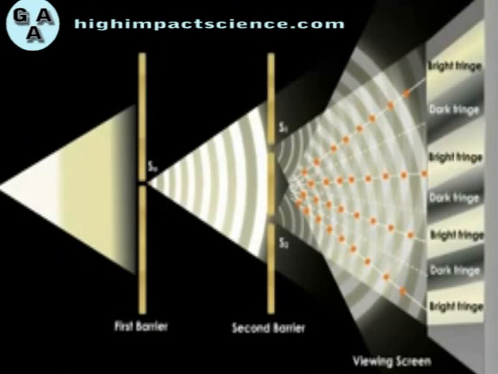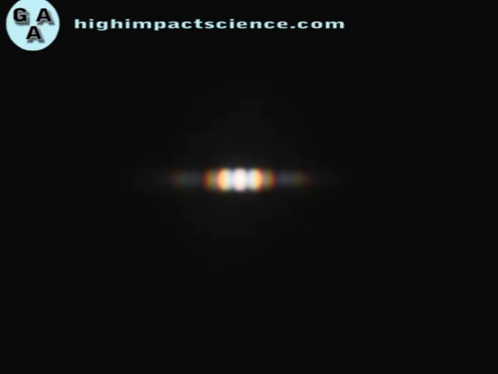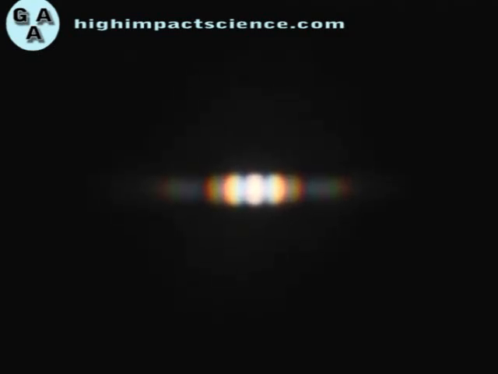Young observed the light from S1 and S2 produced on a screen behind a visible pattern of bright and dark parallel bands called fringes. In reality, this is what the bands look like. But why is that? The same thing with water waves.